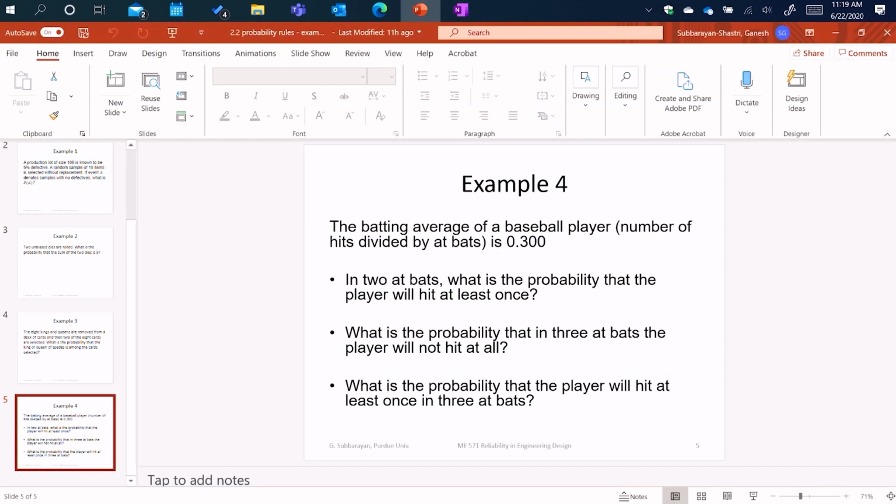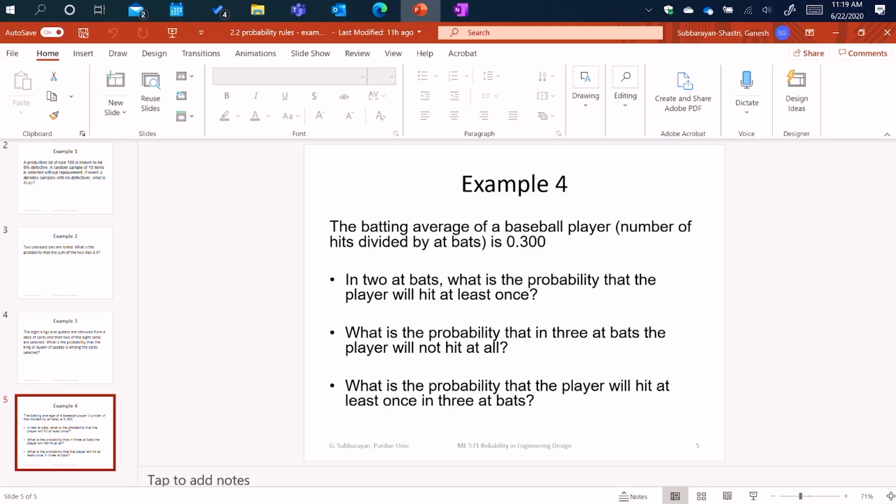So here's a baseball example. The batting average of a baseball player, the number of hits divided by at-bats, is 0.300. Baseball batting averages are written to 3 decimal places, 0.300, and that's considered an excellent batting average.